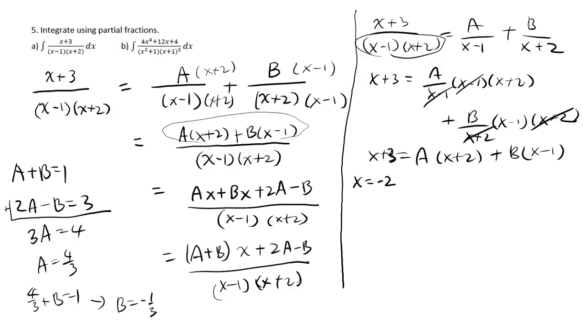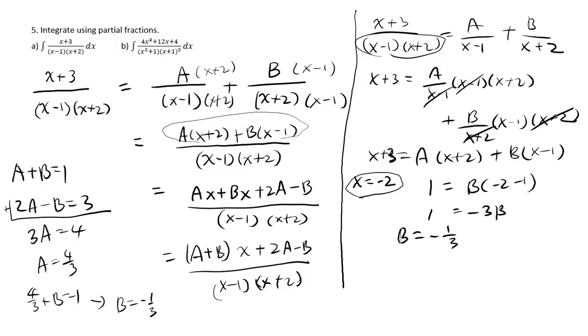The reason you want to set x equals negative 2 is because you want to set this equal to 0. So if x is negative 2, this is going to go away. Negative 2 plus 3 will be 1. And then here I have b times negative 2 minus 1, so that's negative 3b, which gives you b equals negative 1/3.